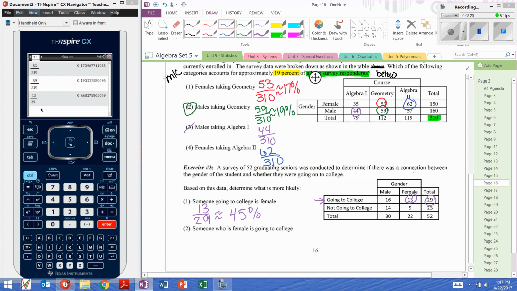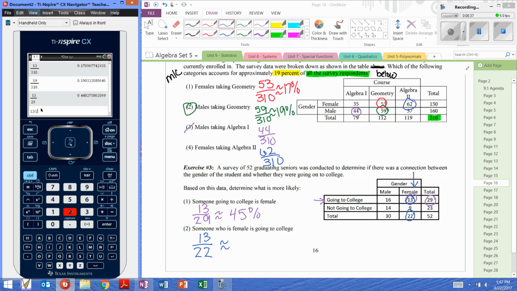All right, let's now take a look at someone who is female. Okay, so now we're just looking at the females. There's 22 of those total. And we want to talk about the females going to college. Oh, it's also 13 out of 22. Let's look at that as a percent. Well, as a decimal, it's 0.5909, repeating.